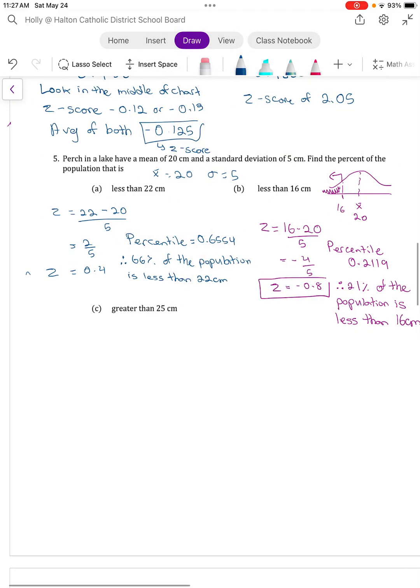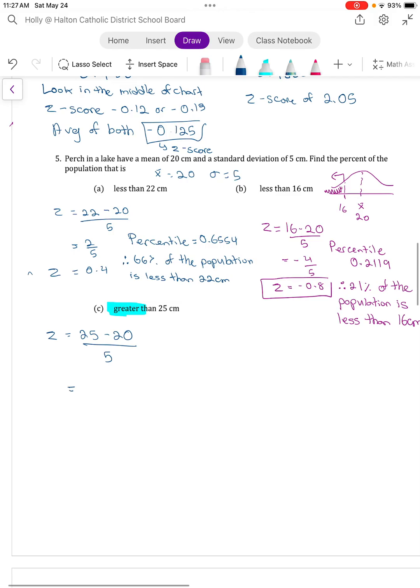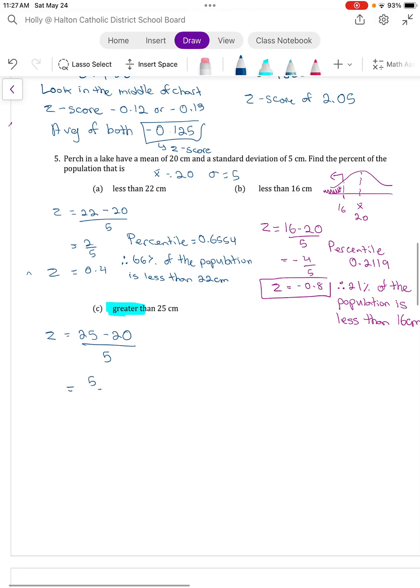And now this is where you want to keep this in mind. We're now looking at greater than. All these scores tell us a percentile less than. So let's first figure out what we have here. We have a Z-score of 25 minus 20 over a standard deviation of 5, which gives us 5 over 5, which is equal to 1. If I look here, this is my mean of 20. I am looking for greater than 25, so everything above this point.